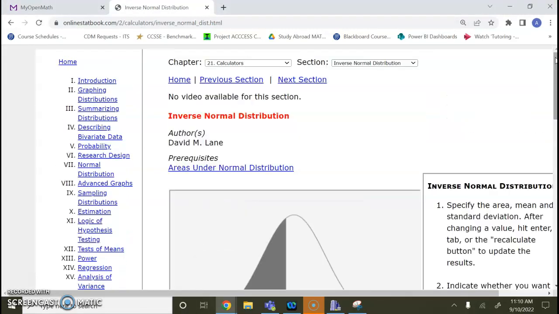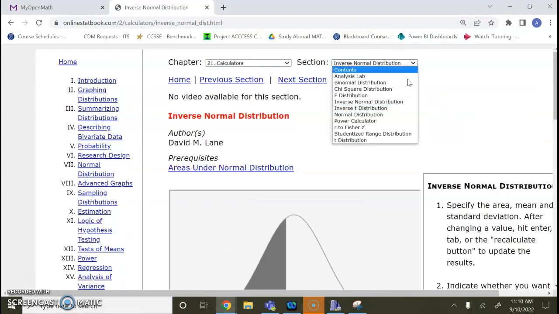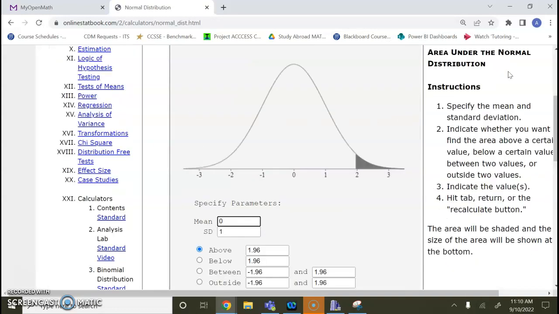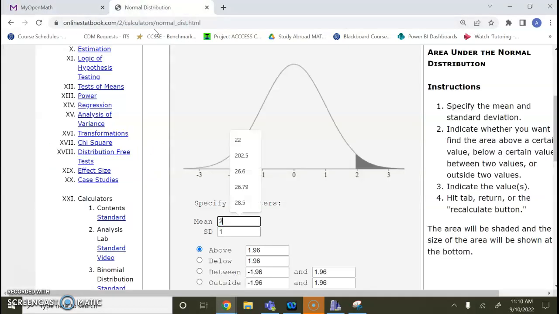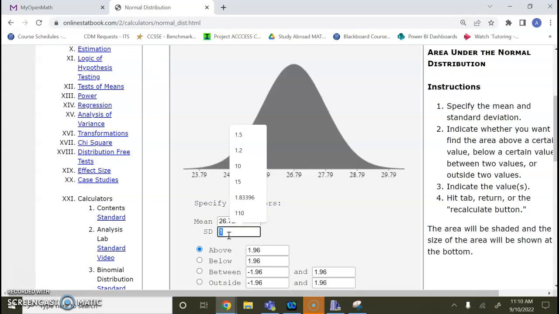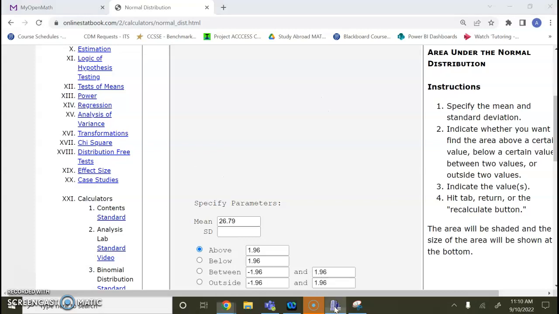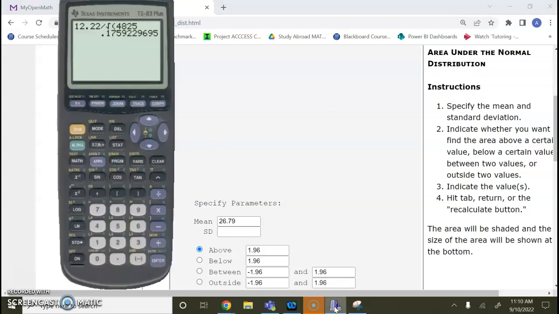Oh, I have to go back to normal distribution. We were on inverse from the last problem, so switch this to normal. Going back to check my numbers: 26.79 was our mean, and our standard deviation is 0.1759229.